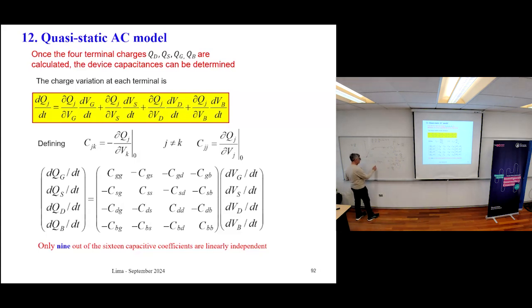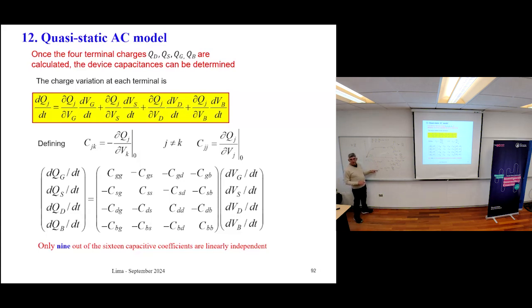Okay, it's like in a simple capacitor. Let's go back to the simple capacitor. You can write CAB like this. CAB is dQ over dV. Let's call this QA and this QB.